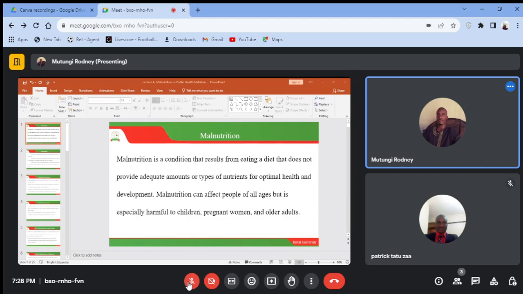While it presents that challenge, it is possible in a way that you need to acknowledge that it is existing in the community that I'm going to, in the households that I'm going to. There could be people who are undernourished, but there could be also those who are overnourished. So you need to design your interventions to focus on both these two conditions so that you can deal with them at a go.